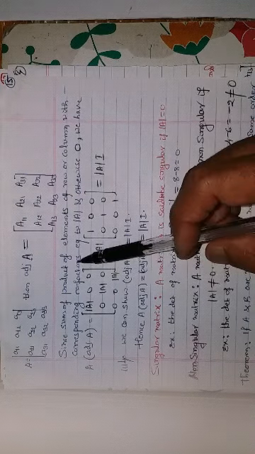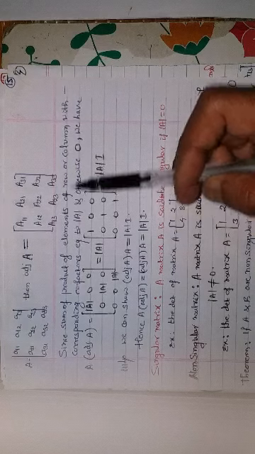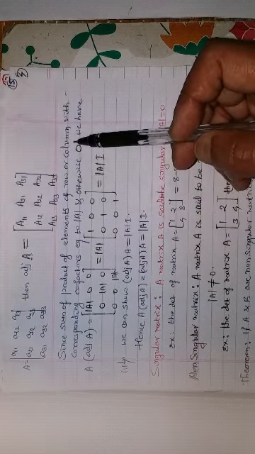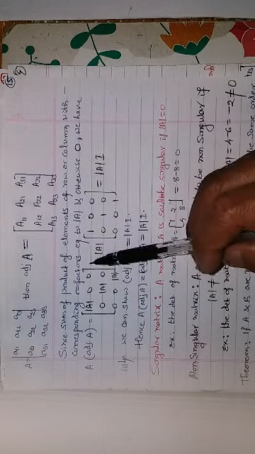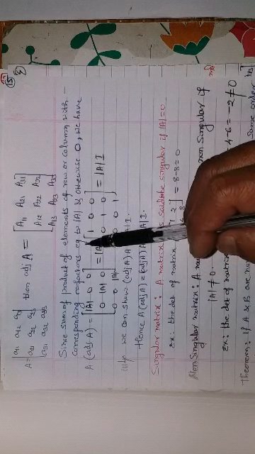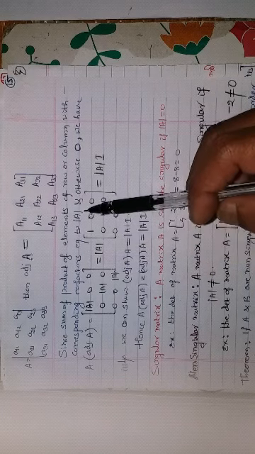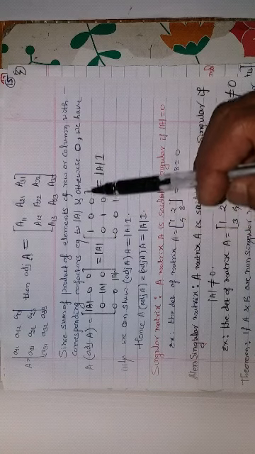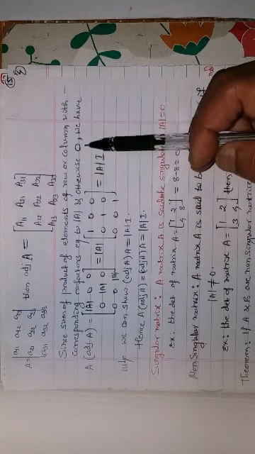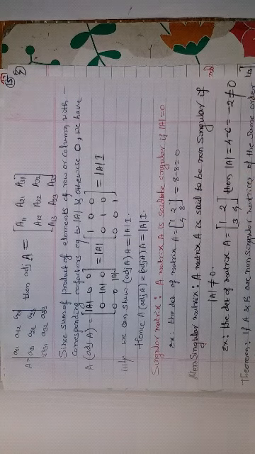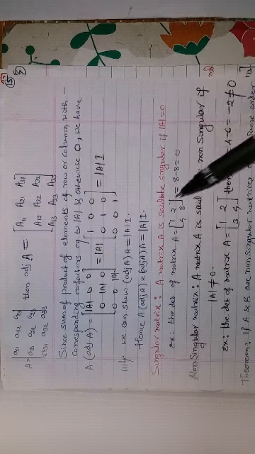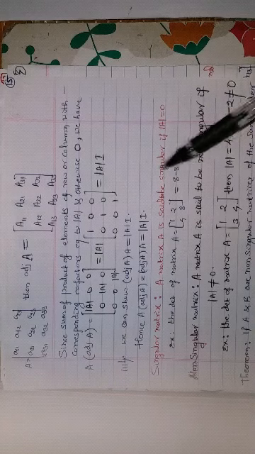Since the sum of the product of elements of rows or columns with corresponding cofactors equals the determinant of A, and otherwise the value becomes 0, for that purpose we have to verify that.